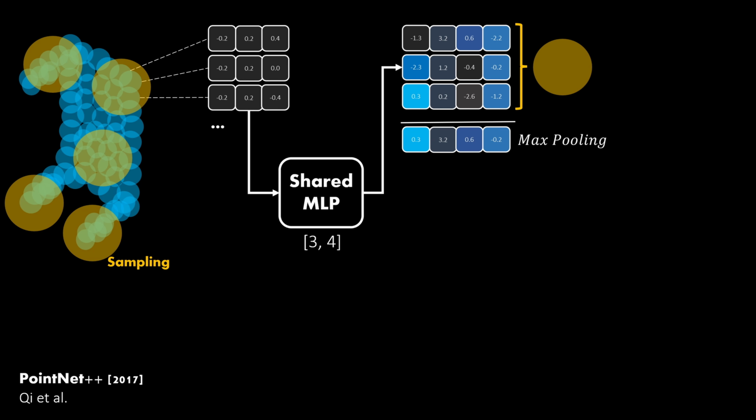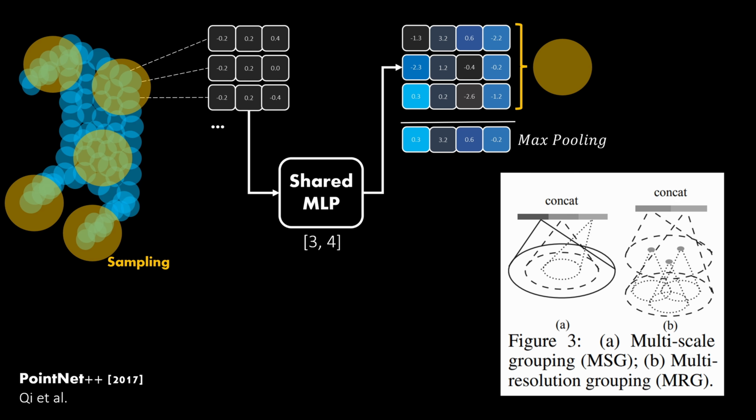So all transformed points that belong to one cluster are combined into one vector. This leads to building local representations, and after repeating several of these blocks, we end up with global representations for the whole object. The authors present different strategies for this approach, but I won't go further into detail here. This method has many parallels with graph neural networks, especially the local aggregation and the permutation invariant pooling.